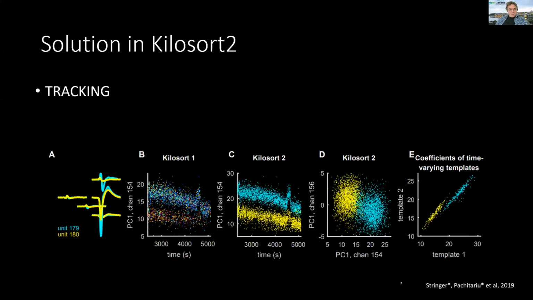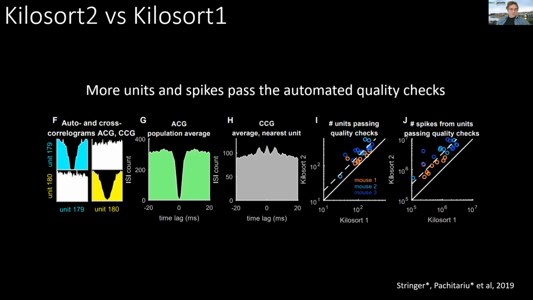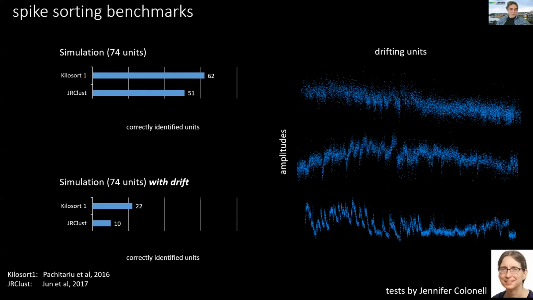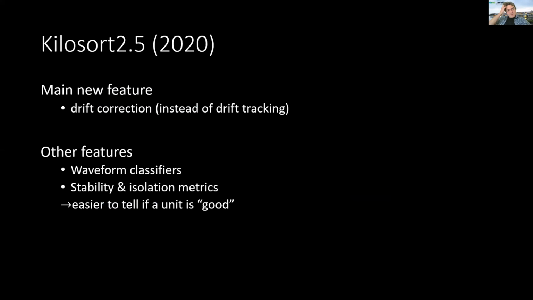Okay, and so the solution we had for drift in Kilosort 2 was a tracking solution. I'm not going to go into how we evaluated that it was doing something good. It was indeed very helpful at the time, and we benchmarked it and saw it was good. But we actually had a better version of drift correction last year in an intermediate version of Kilosort 2.5.